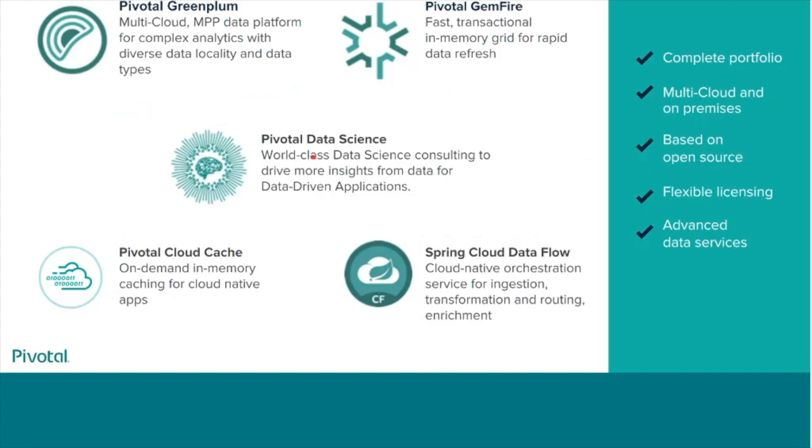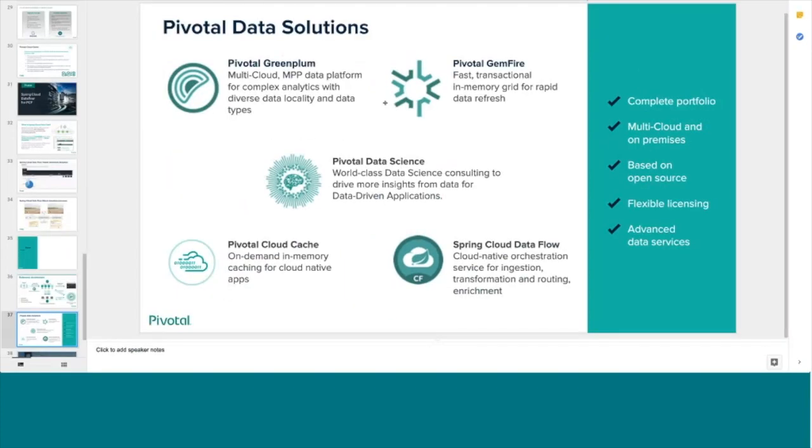Pivotal is your partner as your enterprise takes on this incredibly important digital transformation. These products help you in modernizing your data platforms, improve performance and scalability, and lower your overall total cost of ownership. So it's a great set of products. Pretty much that's it for the presentation itself.